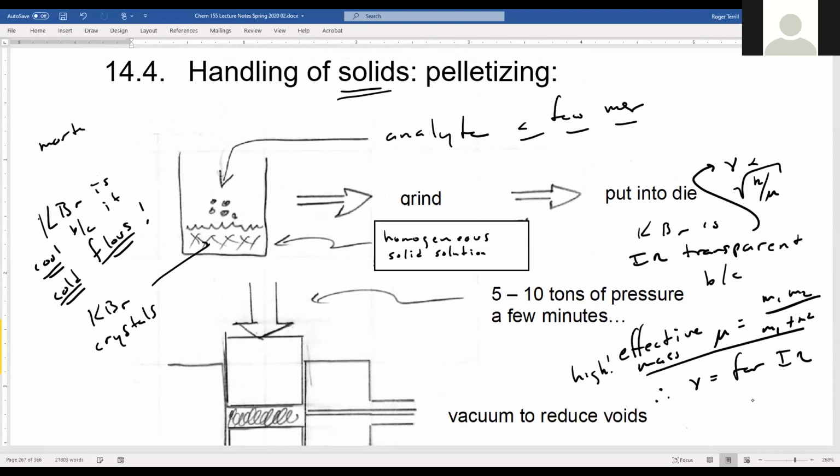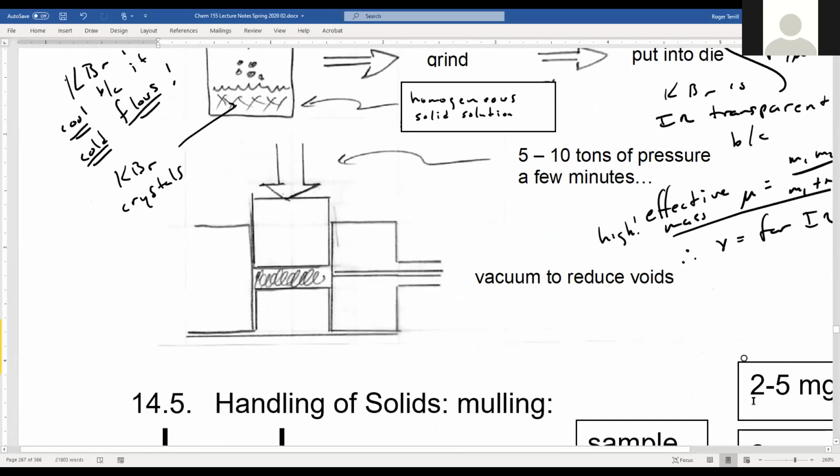You know, if you want to feel like an old timey chemist, you can grab a mortar and pestle and add some KBr and some organic material, and then you make a pellet in a die, 1 to 3 millimeters thick.